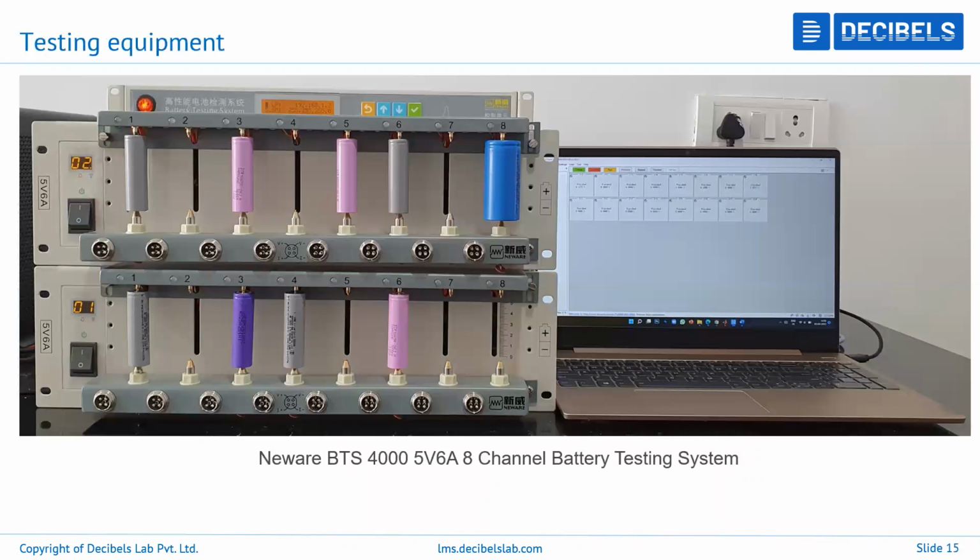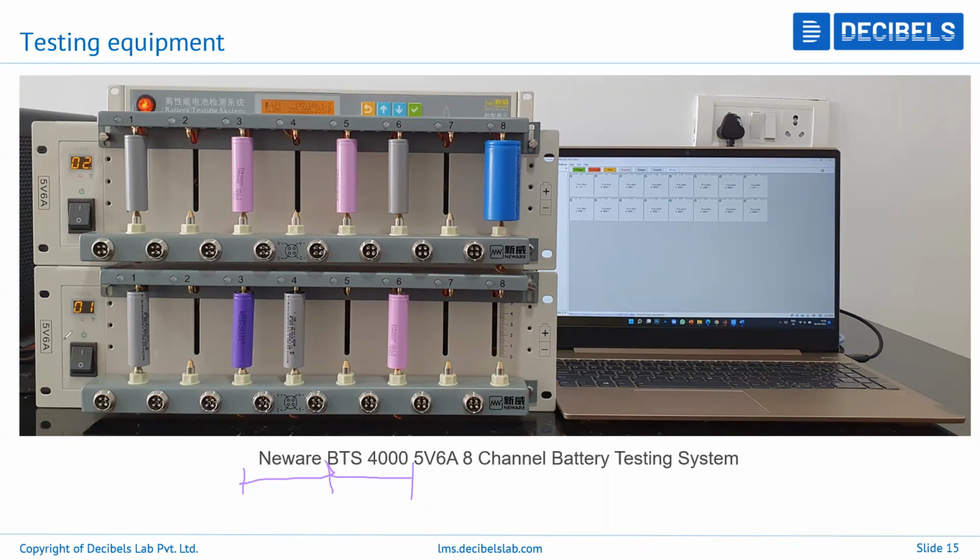Here at Decibels Lab, we are currently using this equipment supplied by a battery testing manufacturer called Newware. The device model is called BTS 4000. BTS stands for battery testing system, and it's an 8-channel instrument, so you can test up to 8 individual cells of different capacities and specifications.